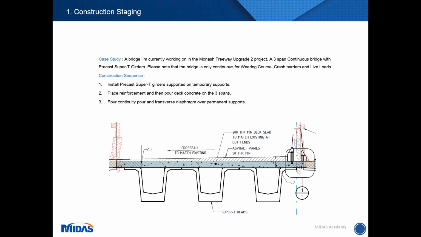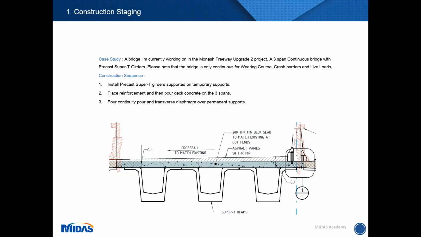But when the concrete continuity pour is activated, it becomes continuous, and then when you place the load of the crash barrier and the wearing course, it acts continuously. There is hogging moment at the supports, and when there is live load, there is also hogging moment at the supports.